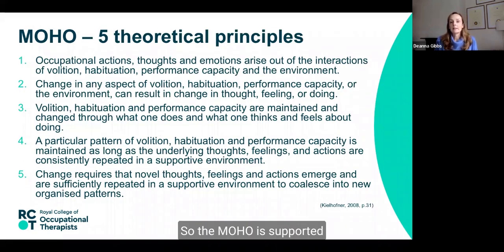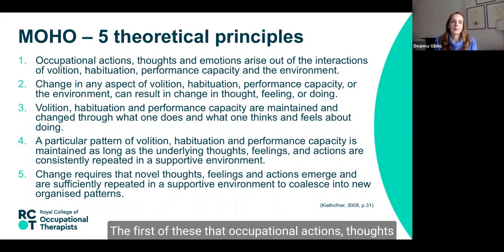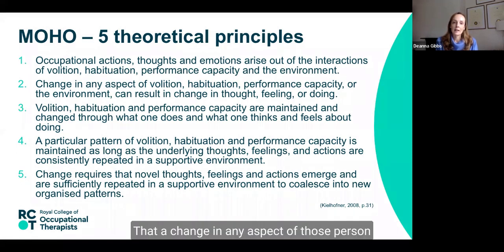So the MOHO is supported by 5 key theoretical principles. The first of these is that occupational actions, thoughts, and emotions arise out of the interactions between these 3 person components and the environment. That a change in any aspect of those person components or the environment can also result in a change in how we think, how we feel about what we're doing and what we're actually doing.